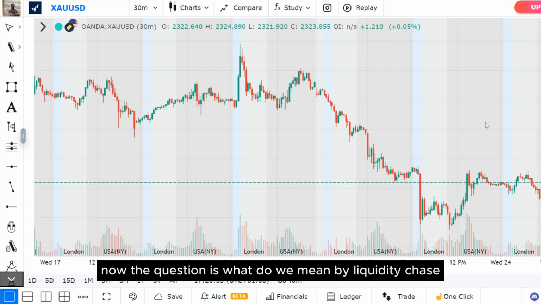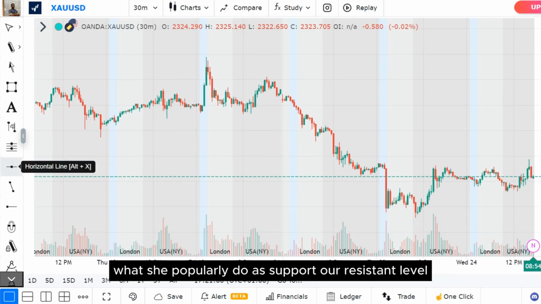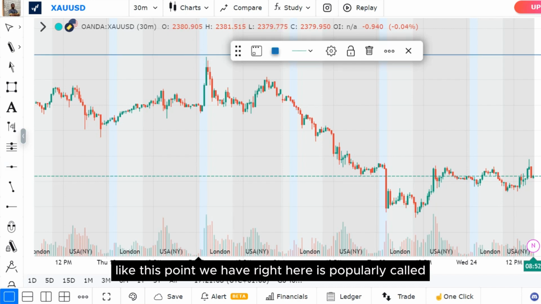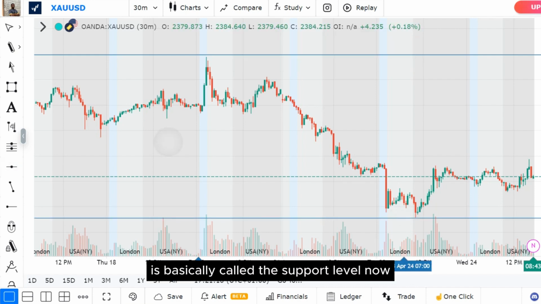Now, the question is, what do we mean by liquidity chase? As you all know, the market basically does what we call liquidity chase, all right? Now, what is popularly known as support and resistance level, like this point we have right here, is popularly called the resistance level, right? Then the point we have right here is basically called the support level.